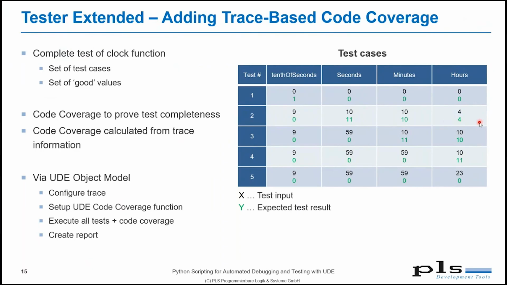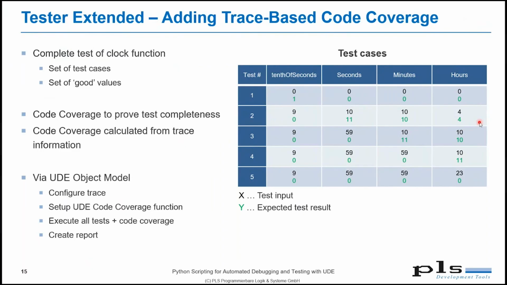And in parallel to the test, we want to do a code coverage measurement that should give you an indication of whether the selected test cases are sufficient to fully test the clock algorithm.